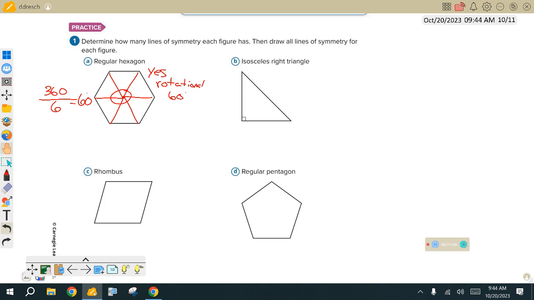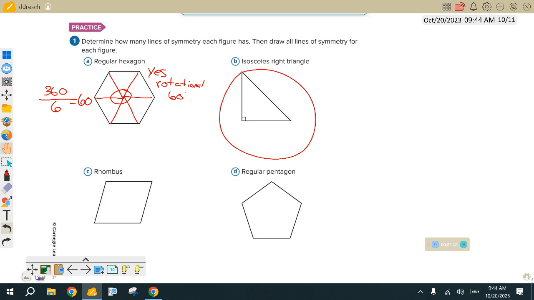Now, after that, letter B is actually an odd one with the isosceles right triangle. It looks like it's got rotational, but actually does it? No. In order for that to happen, what do we have to do?